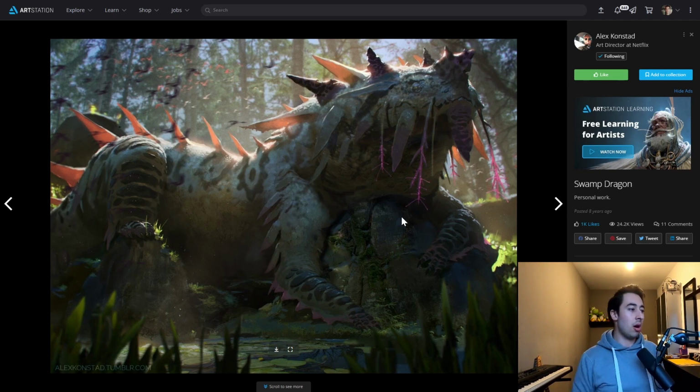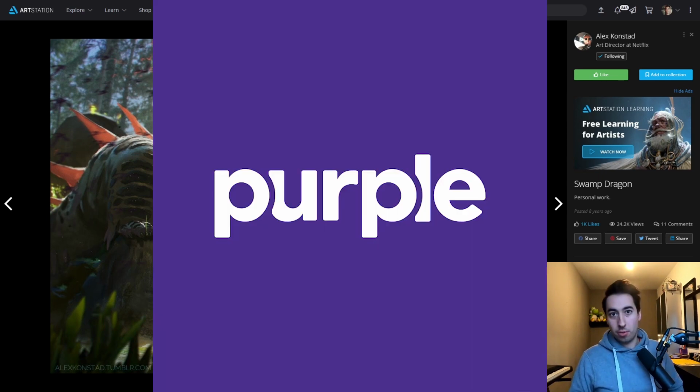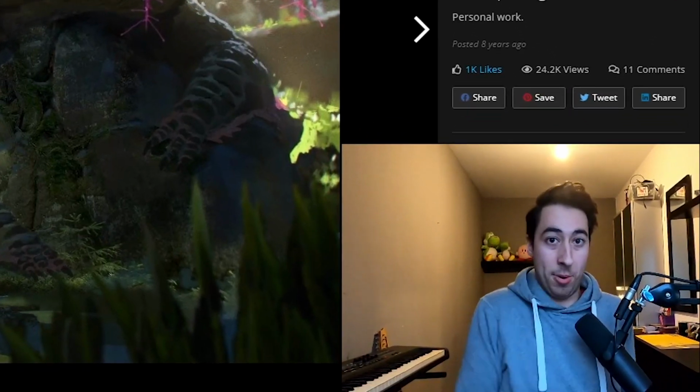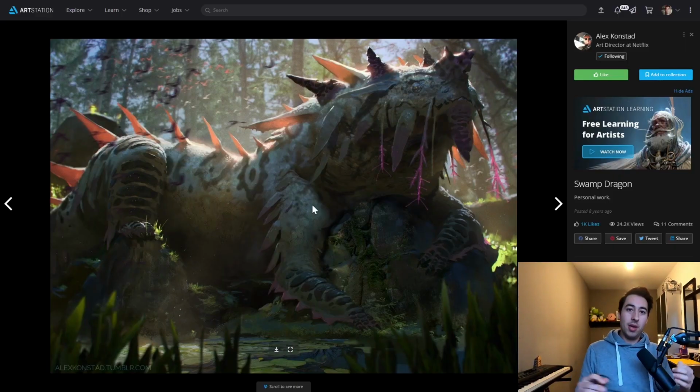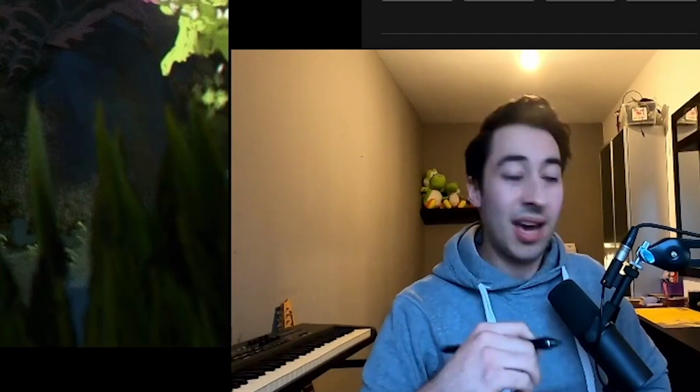And then the colors, he adds some purple in there. Whoa, settle down, Alex, come on. Purple? You're gonna add some purple on a lizard, on a dragon? But no, he does it in a sophisticated way. I like how the purple is still subdued, and it's a small part of his overall design, which, by the way, I think makes the purple even more interesting and even more effective.